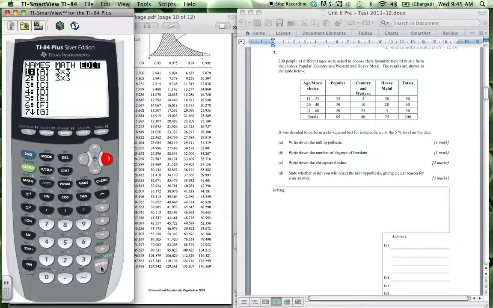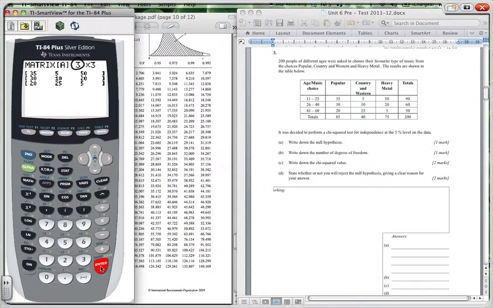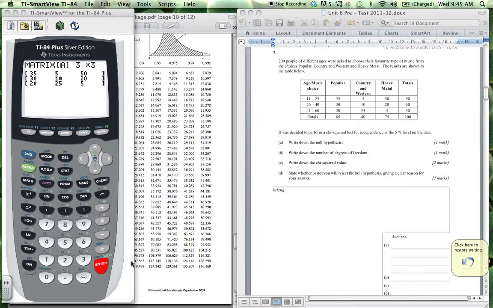I've actually typed in this data already. I've made this a 3 by 3, and I've typed in my data here. You can see there that you've got your 35, 5, and 50, 30, 10, 20, 20, 25, and 5. You need to put that in.